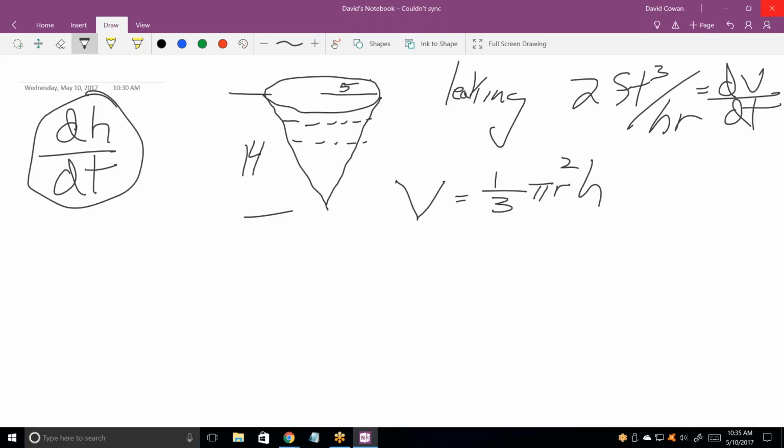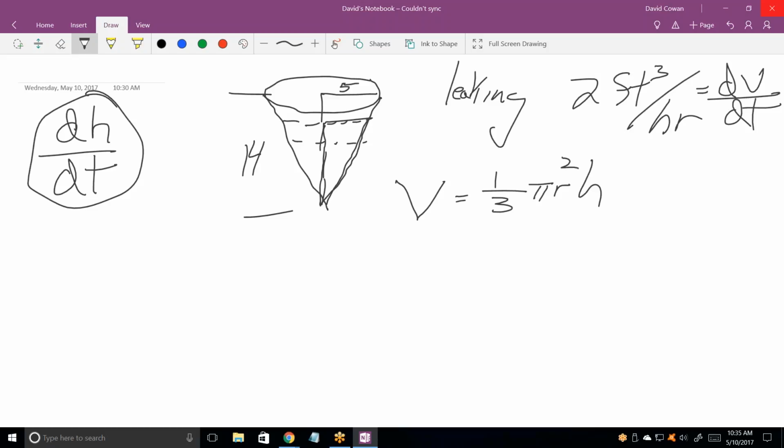So if I can make this volume a function of h alone, then I will take the derivative relative to time of both sides and I'll be able to solve it fine. So how do I make it a function of h alone? If I look at this triangle, and then I look at this triangle, they are similar.